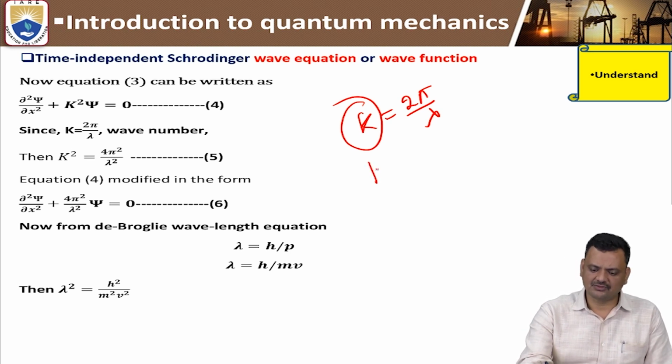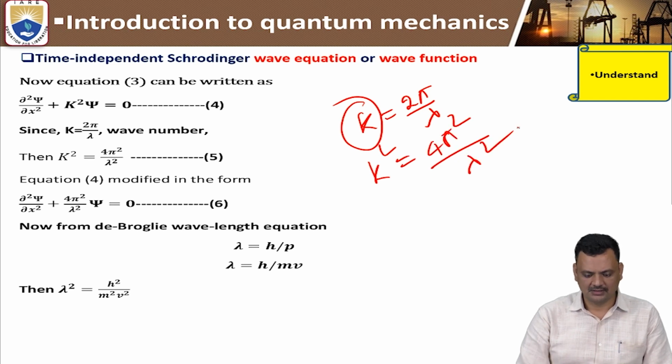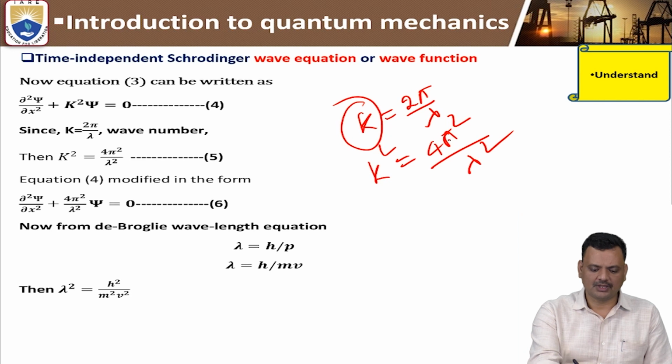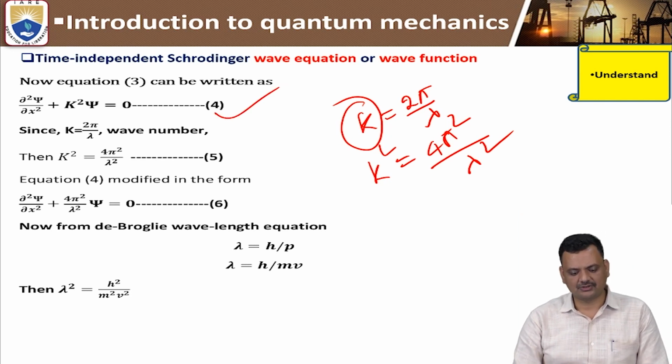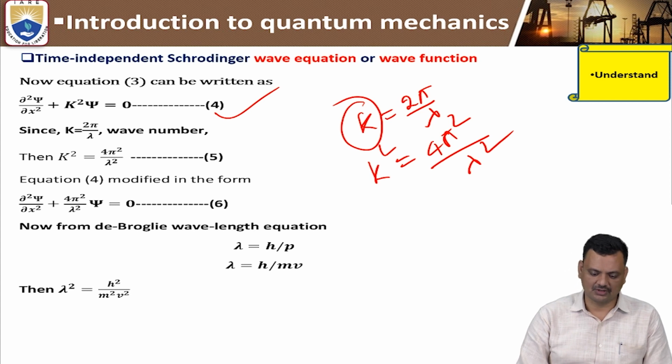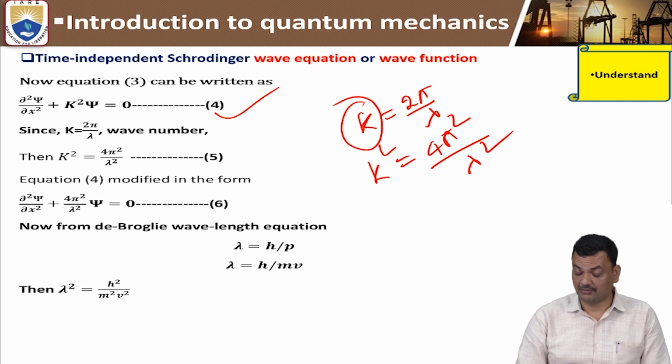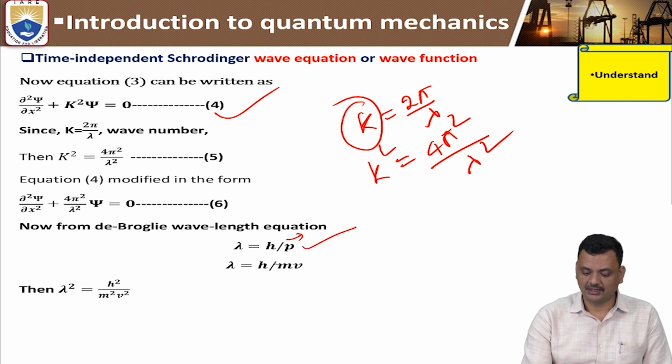So what is the k square value? k square is equal to 4 pi square upon lambda square. So put this value in this equation: d square psi upon dx square plus 4 pi square upon lambda square psi is equal to 0. Now also from the concept of wavelength of matter wave, lambda is equal to h upon p.